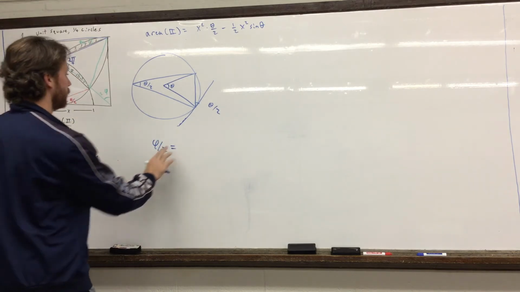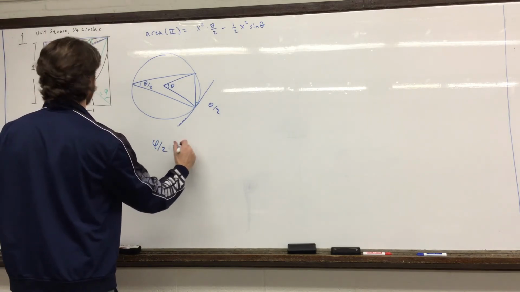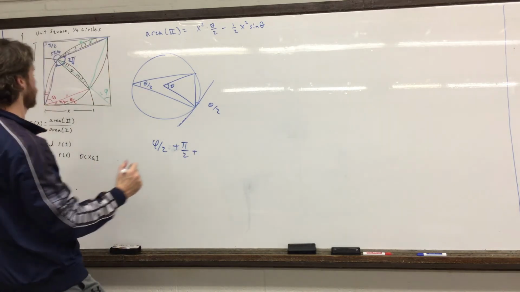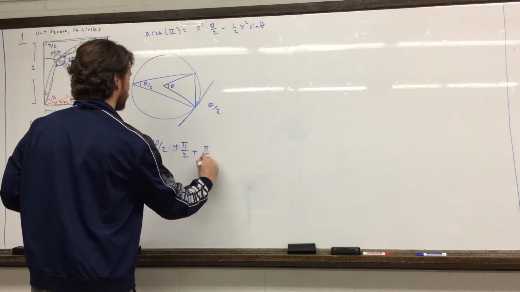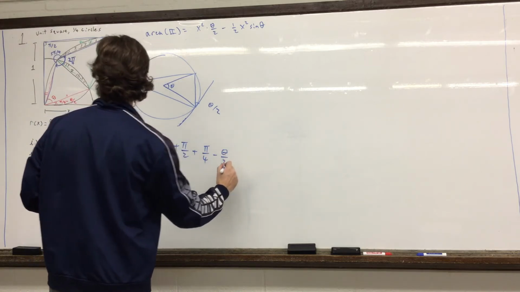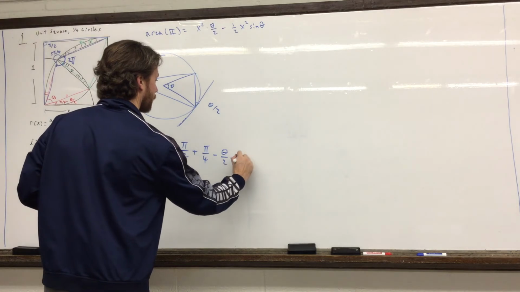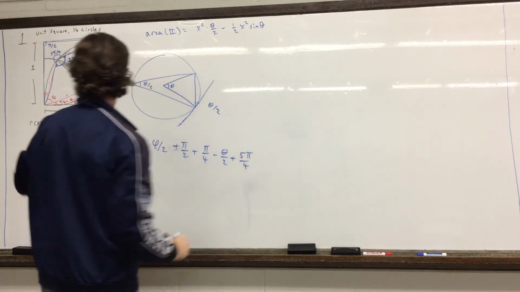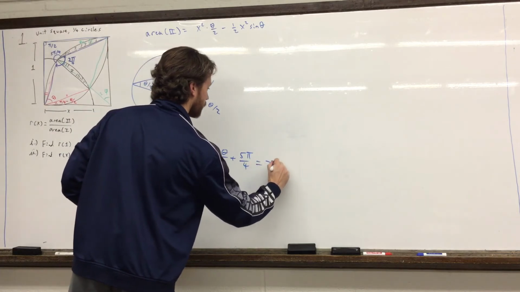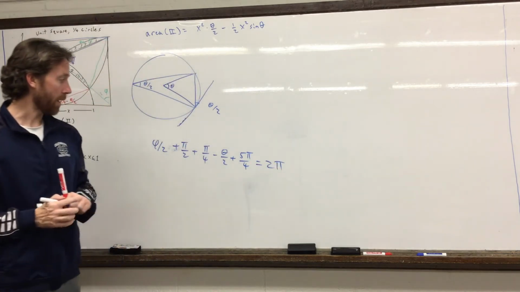So what we have is phi over 2 plus pi over 2 plus pi over 4 minus theta over 2 plus the big one, 5 pi over 4, should all equal 2 pi.